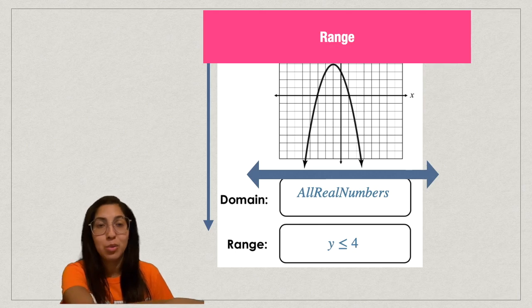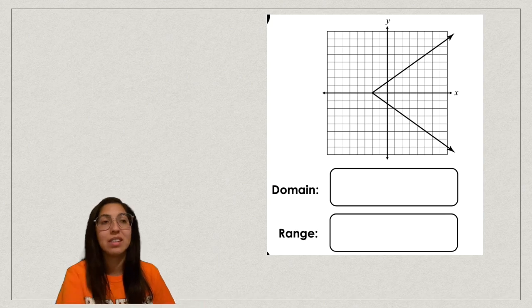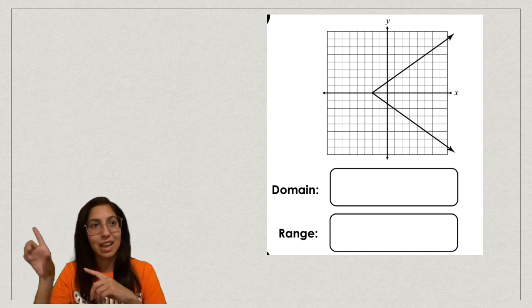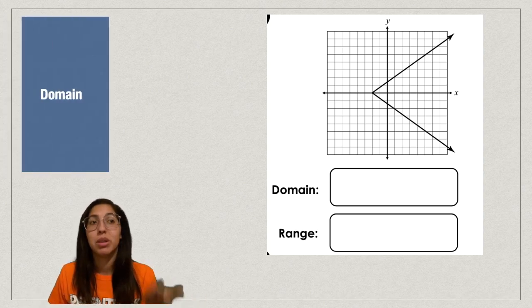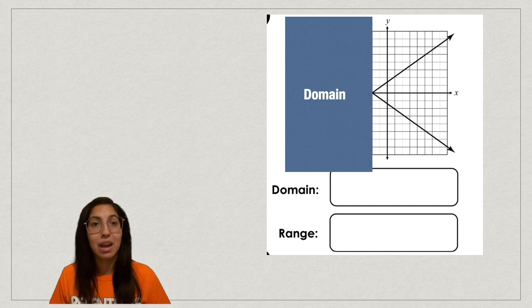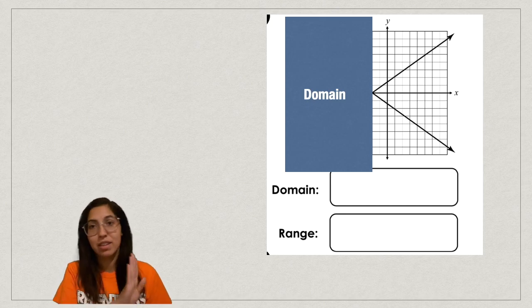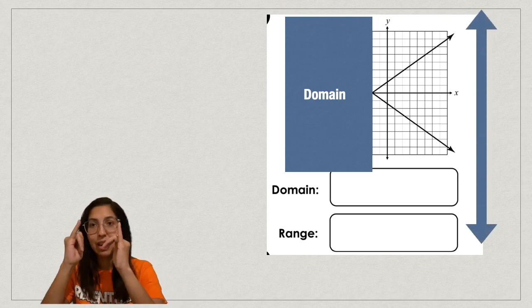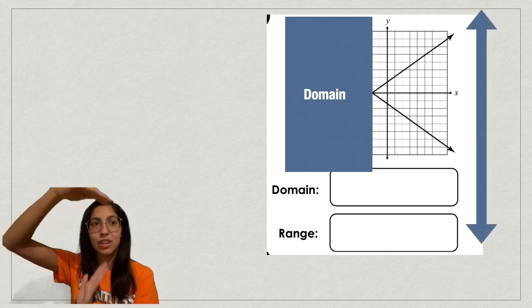And last, we're going to look at another one similar to this. This is the same thing, but it just shifted to the side now. So really, we only have this left part that we can cover up. It's continuing on towards the right, towards the positives. And of course, again, it is making that extension outwards.